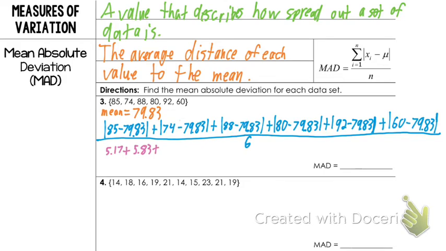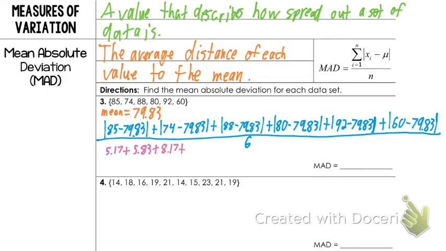We're doing each of these problems. We did 85 minus 79.83, 74 minus 79.83, the absolute value. Now we're doing 88. Would it be easier if it wasn't a decimal? Sure, but it is. 8.17.